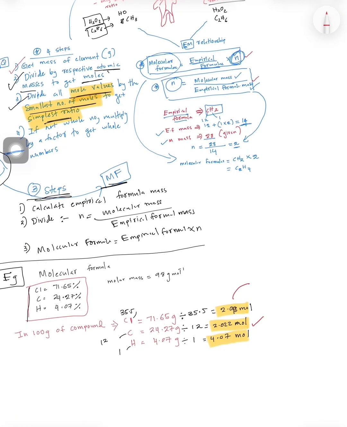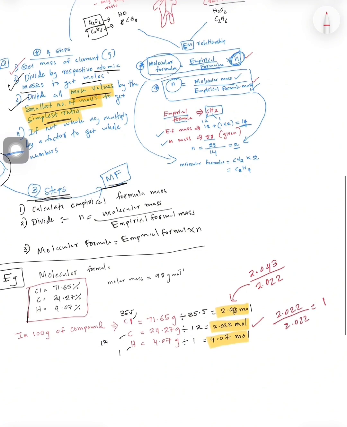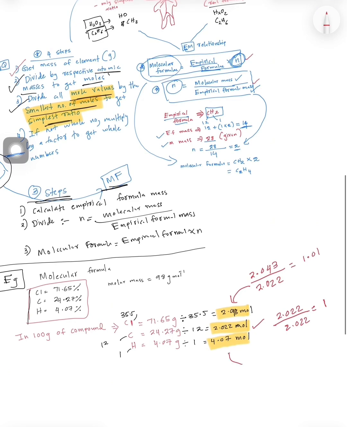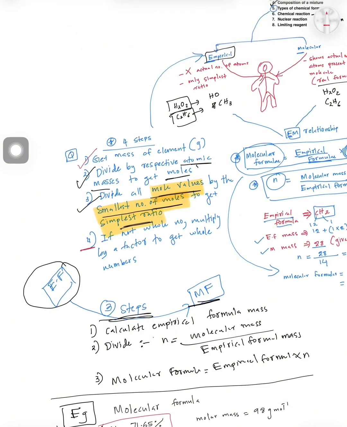If I take 2.043 divided by 2.022, and 2.022 divided by 2.022, if the same numbers are divided, it is 1. Here it is 1.01, and here 4.07 divided by 2.022 is 2.01. The fourth rule says, if not a whole number, multiply by a factor to get the whole number.